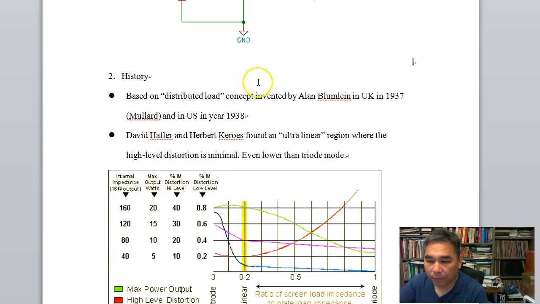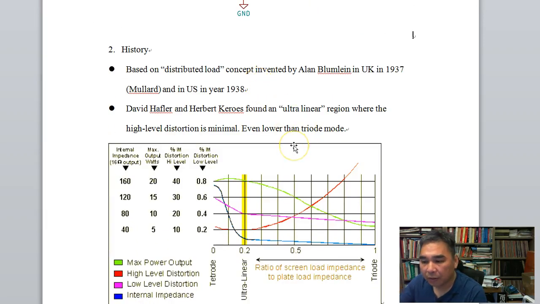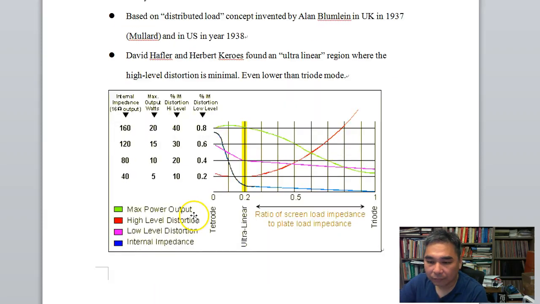So basically, with the ultralinear topology, we expect the behavior to be between a pentode connected under pentode mode and a pentode connected under triode connection.